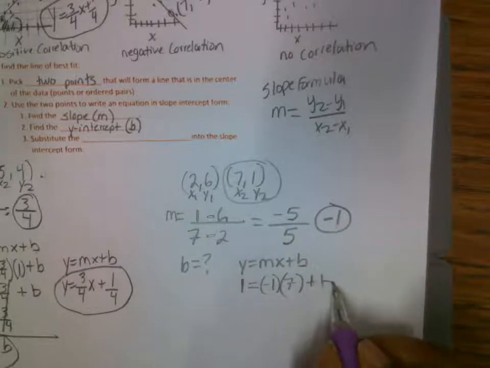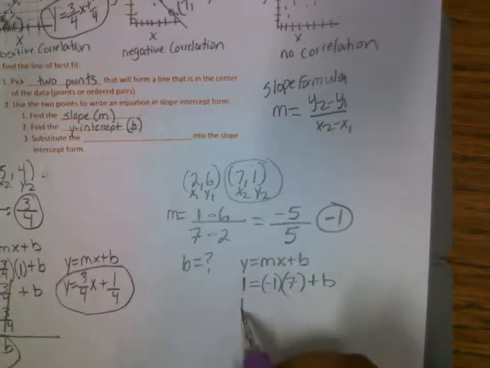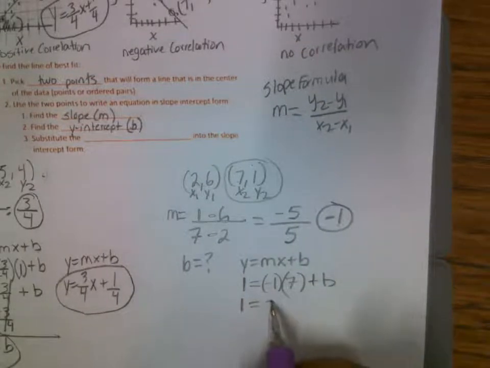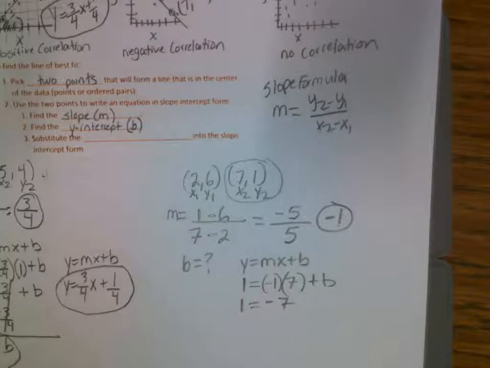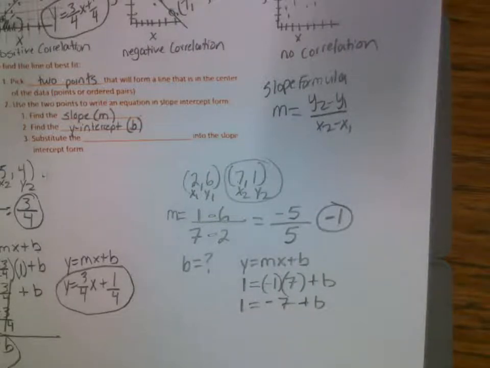Plus b. So this is going to give me 1 is equal to negative 7 plus b. So when I get b by itself, I've got to add 7 to both sides. Do the opposite of a minus 7, add 7.